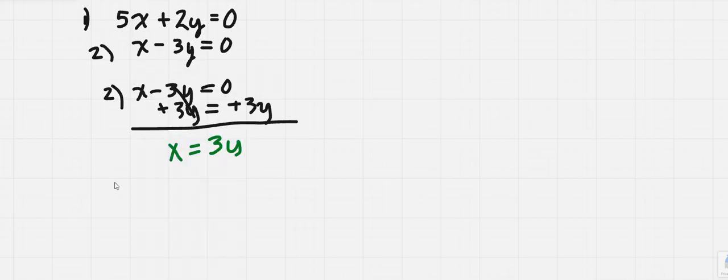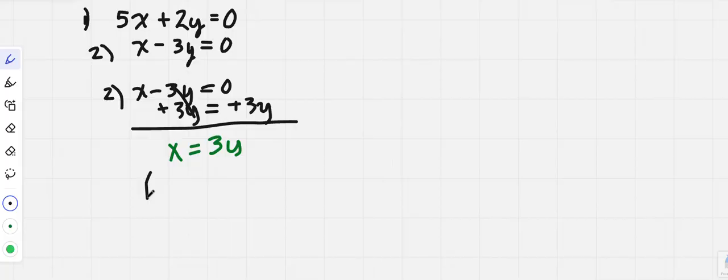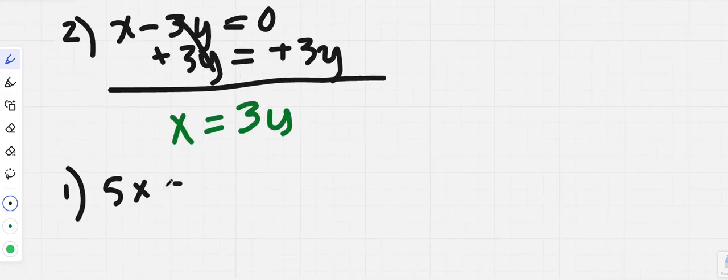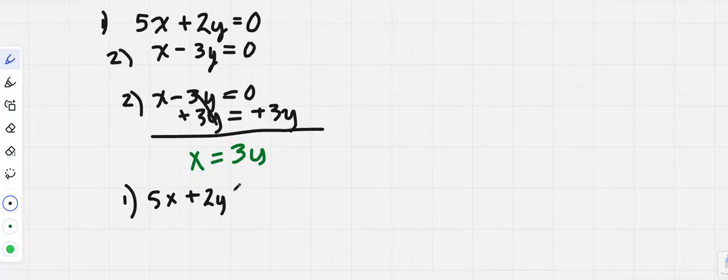And now we're going to plug that into equation 1. 5x plus 2y equals 0.